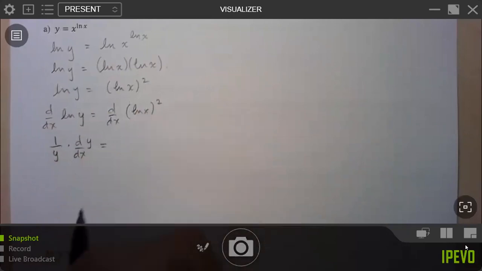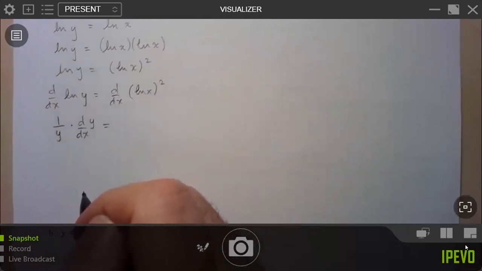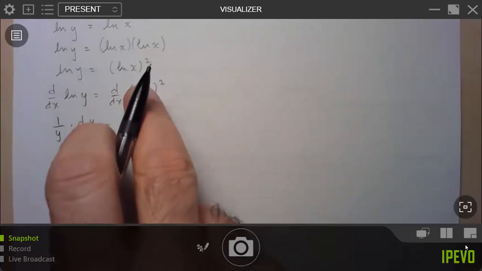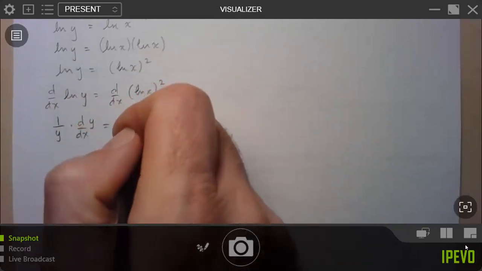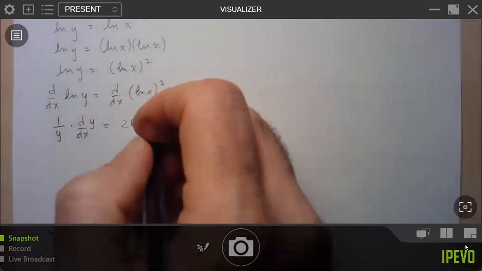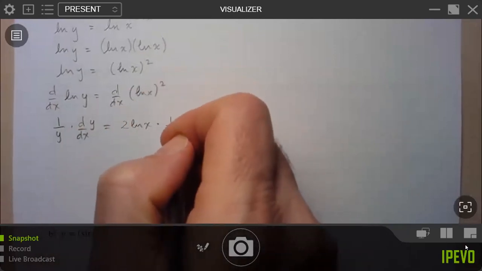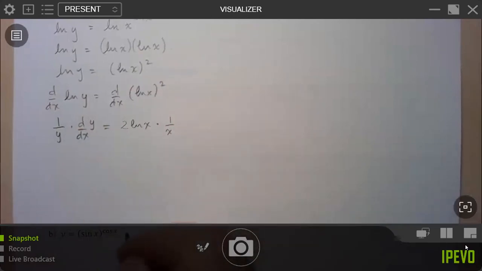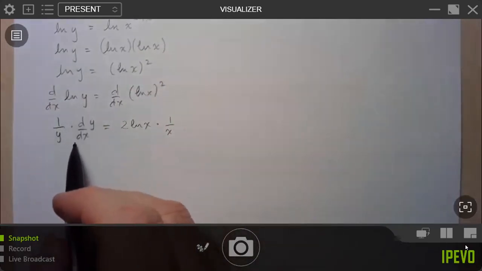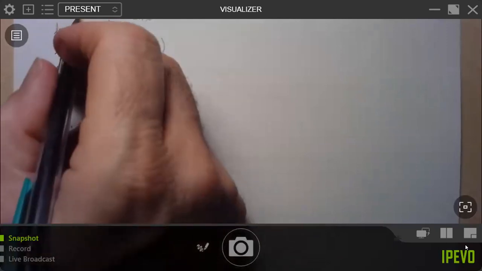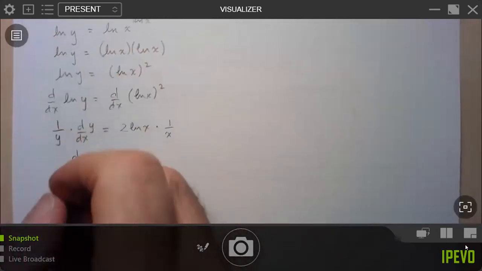And then here we can, as we said, use the chain rule instead of using the product rule on that. So again, derivative of u squared is 2u, so 2 ln x, times the derivative of ln x, which is of course just 1 over x. And now we realize this is just the derivative of that function we were looking for to start off.